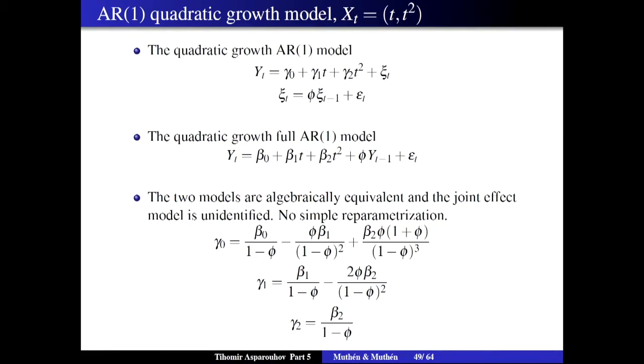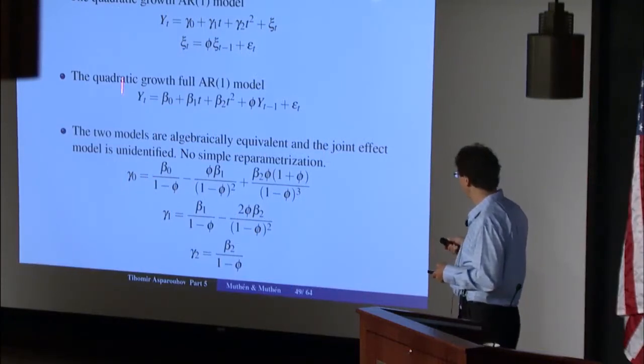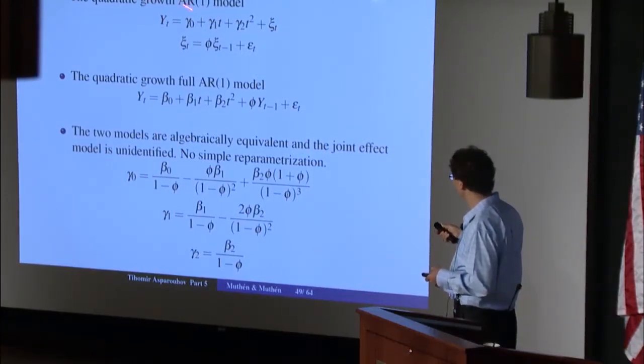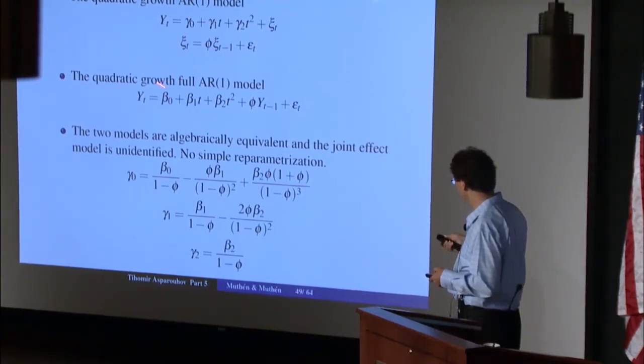These two models are again algebraically equivalent, but the equations are different. You can obtain the parameters for the residual AR1 model from the parameters of the full AR1 model through these equations.